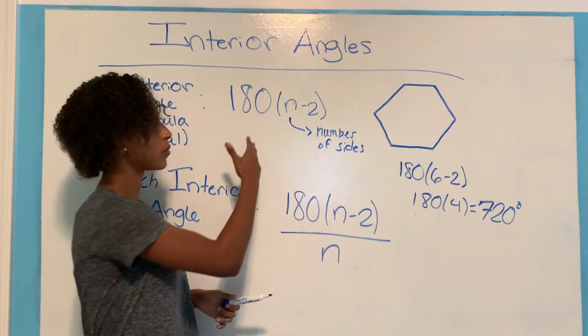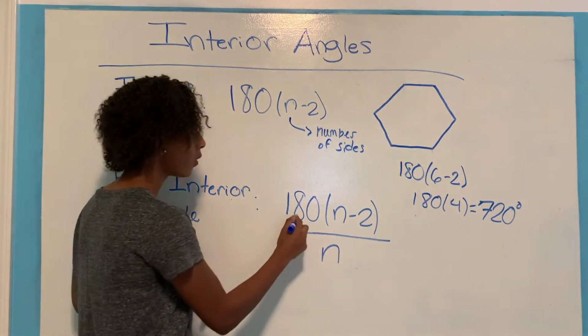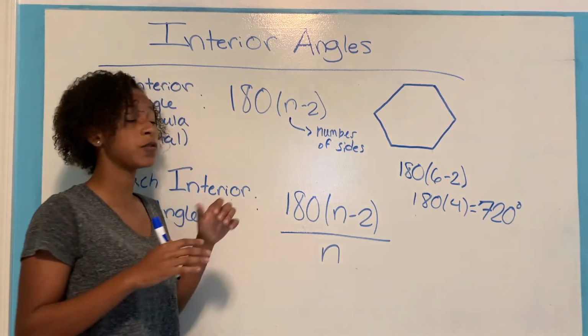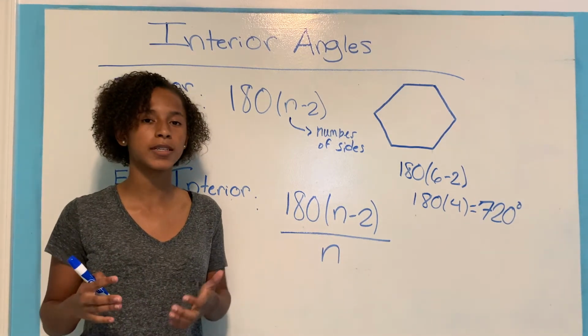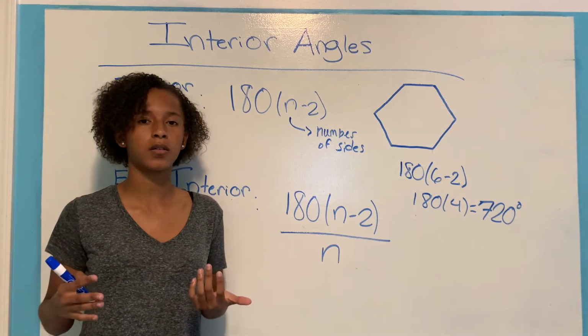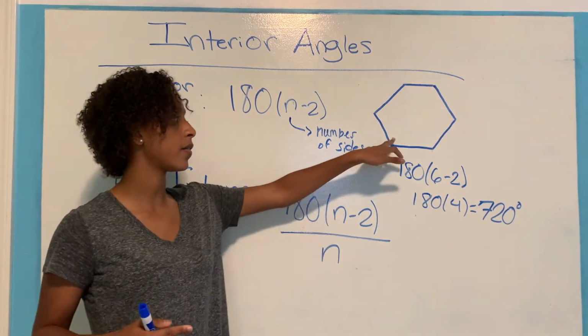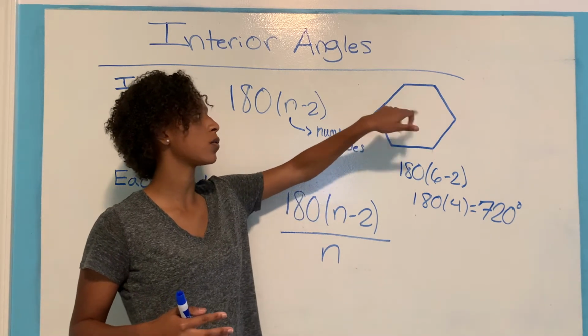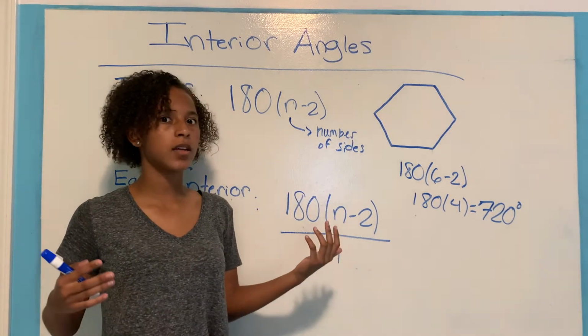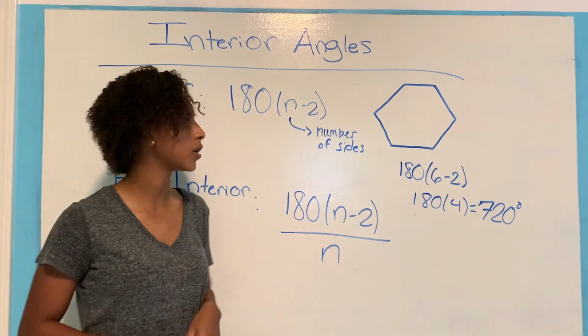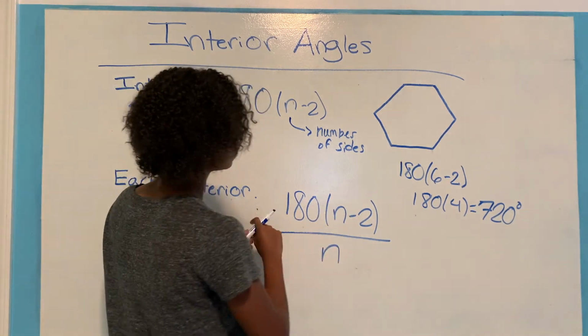If you remember from what I was talking about above, 180 times n minus 2 helps you find the total number of degrees for any given polygon. So it would make sense that if you divided it by n, aka the number of angles inside, it would work, right? So let's get started here.